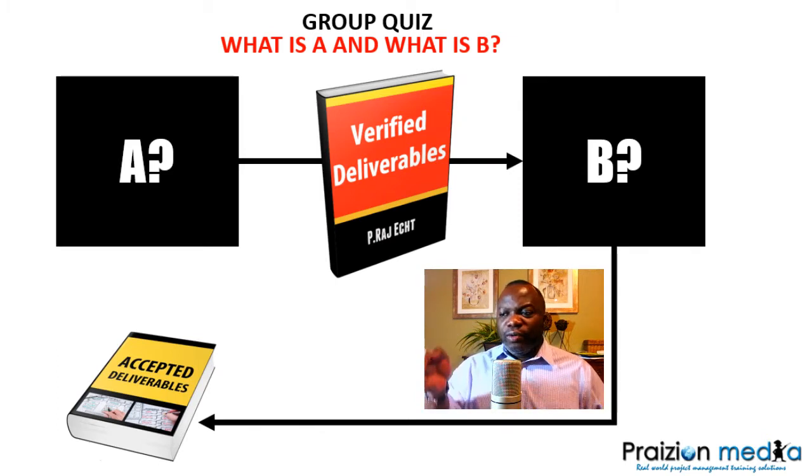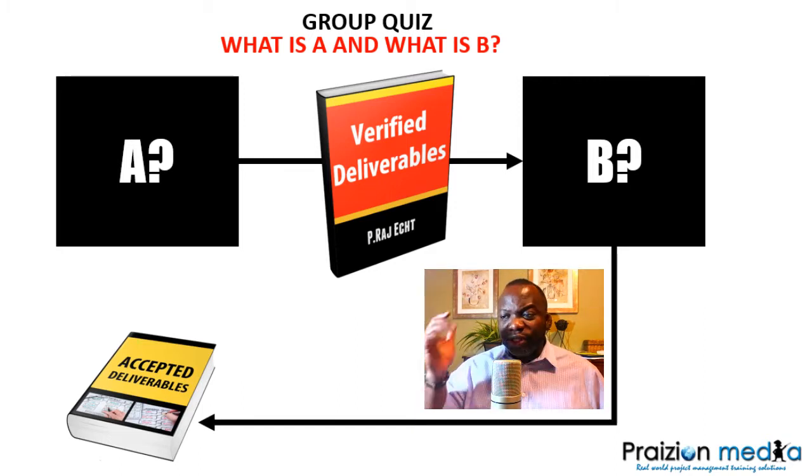Verified deliverables are deliverables that have been inspected by the performing organization, and found to be fit for use, conforming to requirements, and with the potential to satisfy the customer, from our perspective as the performing organization. Whether our inspection and our conclusion will line up with the customer's, that's to be discussed in a different process.